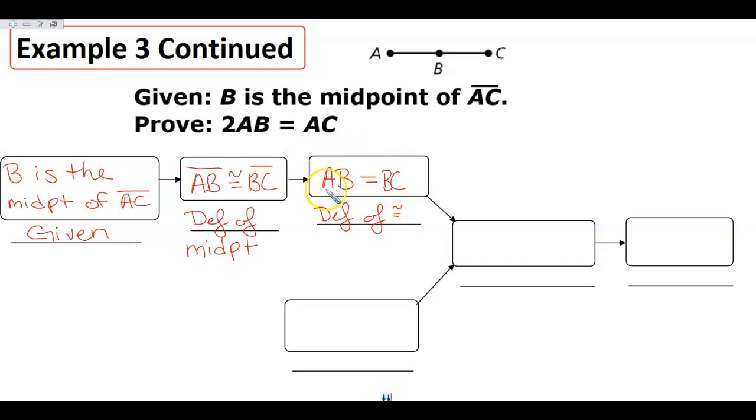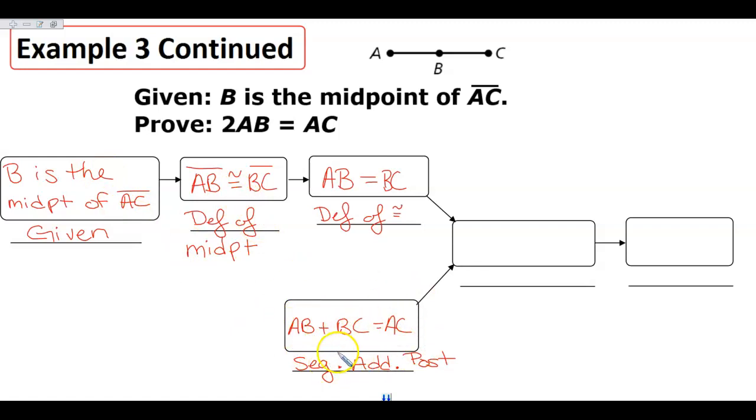Now, this by itself doesn't take me anywhere else. So this is where we're going to bring in that segment addition postulate from step 4 in your proof above on your notes. So we have AB plus BC equals AC. And that again is our segment addition postulate. Now, I don't get that from any of those other steps. Segment addition postulate always works and can always be put in, but it will be in its own line because this doesn't tell me segment addition, this doesn't, and this doesn't.